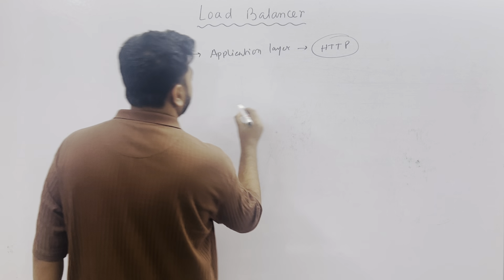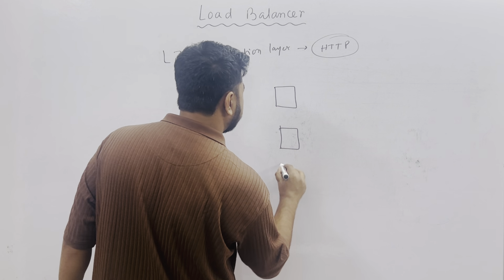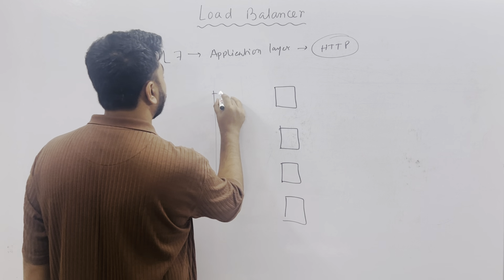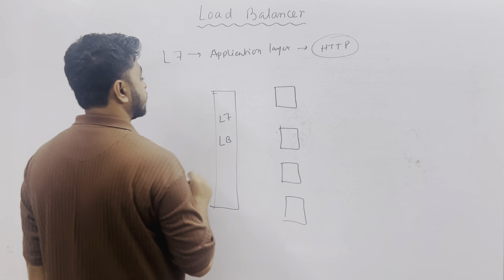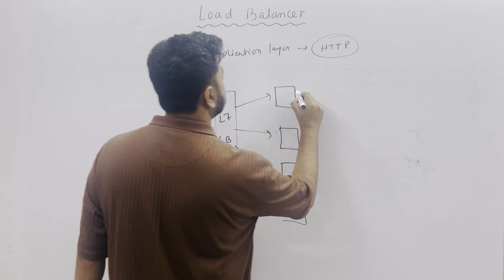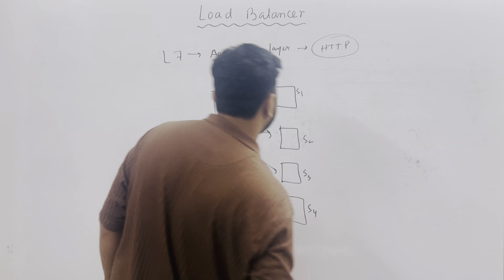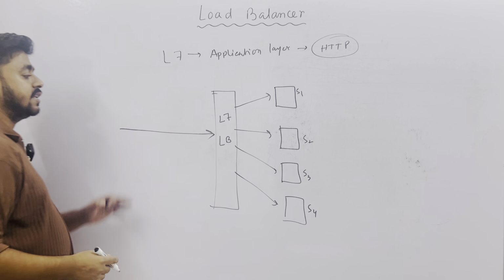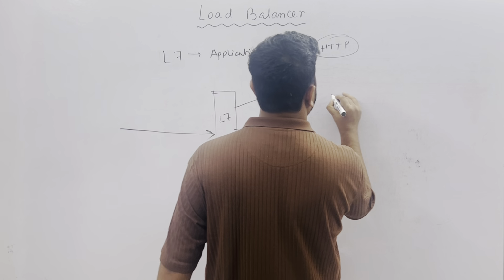requests. Just as an example diagram, suppose it is distributing load across 4 services. This is the L7 load balancer and it is distributing traffic across 4 servers, S1, S2, S3, S4. Now, as I said, it can intercept HTTP requests.